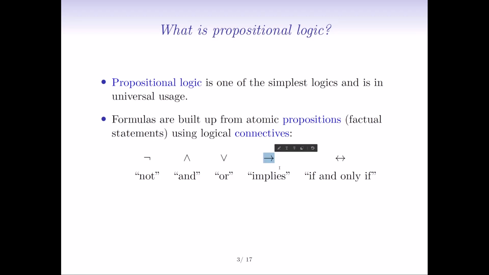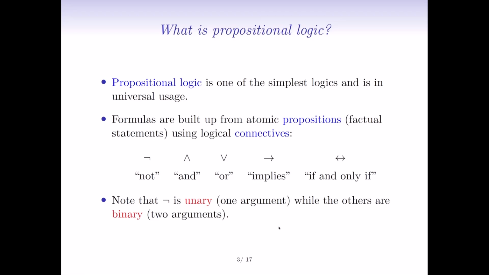This arrow means implies, or in other words, A arrow B is read as if A then B, and it's called implication. And this double-headed arrow stands for if and only if, meaning that 2 things are equivalent. So A double arrow B means A if and only if B. And this double arrow is sometimes called a bi-implication or an equivalence.